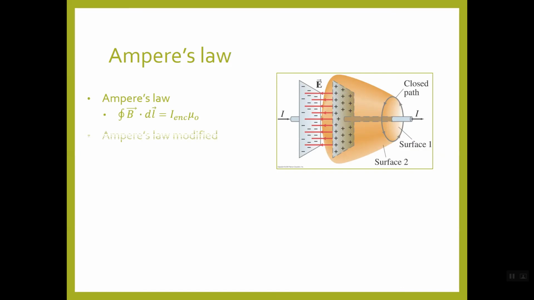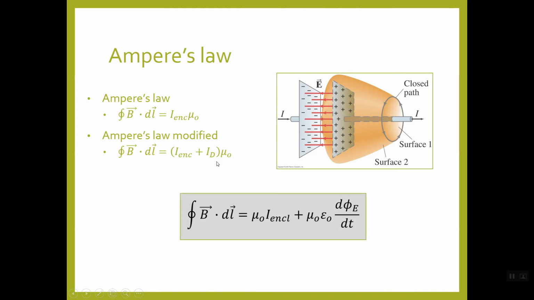So now we have this version of Ampere's law that works fine if we're just dealing with steady currents. If we're dealing with a non-steady current situation like that of a charging parallel plate capacitor, we have to add this extra term, I_D, which is equal to epsilon naught d phi dt.